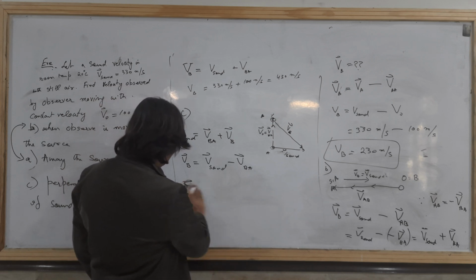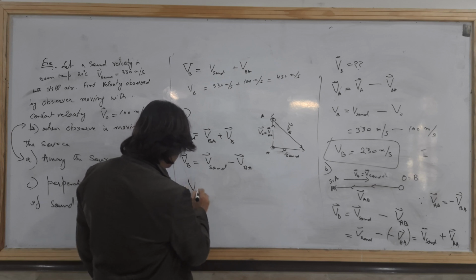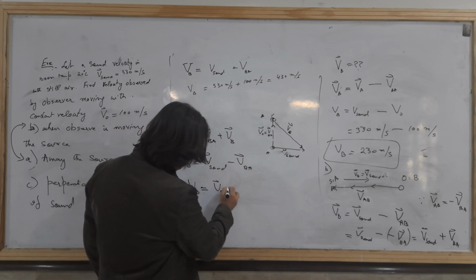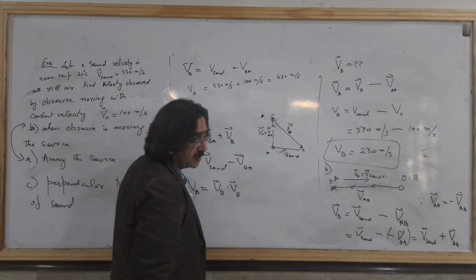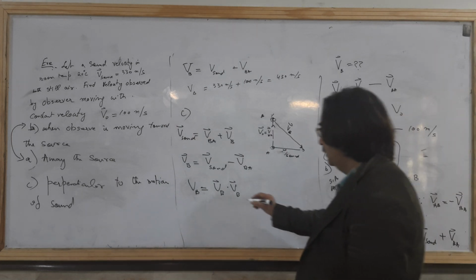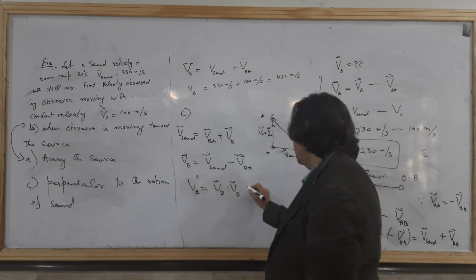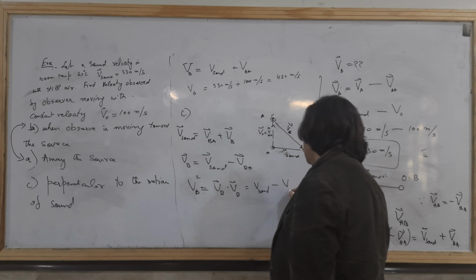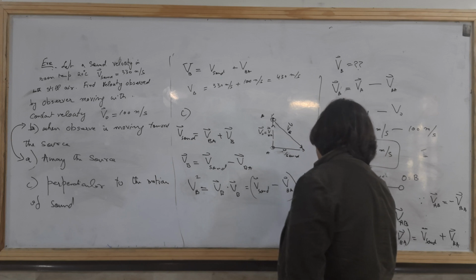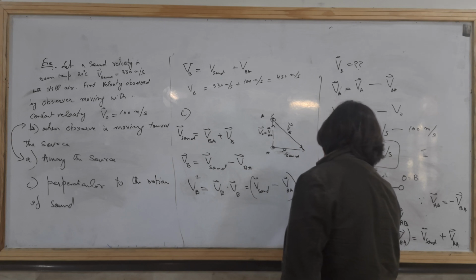So what will be VB? That is the magnitude. Whenever you have to find the magnitude, you have to take the dot product. So VB square will be V sound minus VBA dot V sound minus VBA.